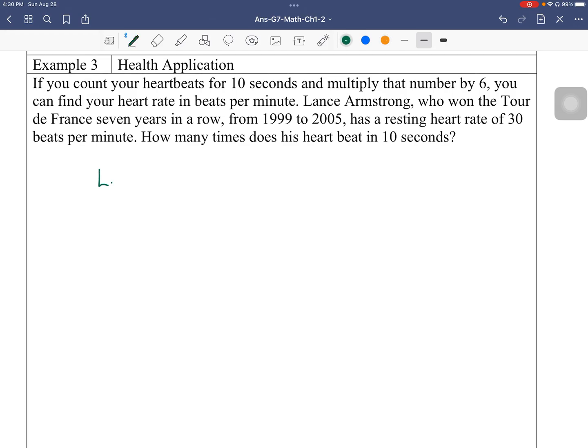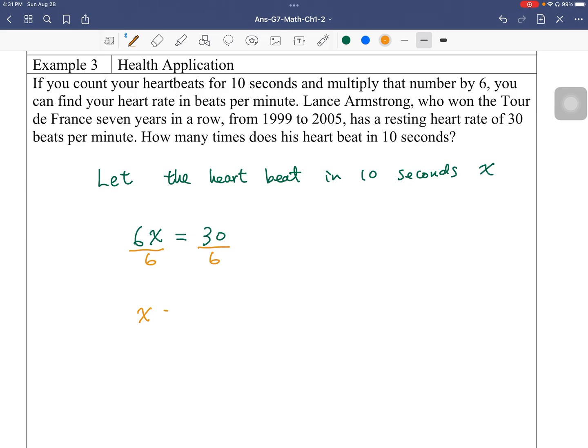Let's let his heartbeats in 10 seconds be x. So 6 times x equals 30. Now I divide by 6, x equals 5. So it beats 5 times in 10 seconds.